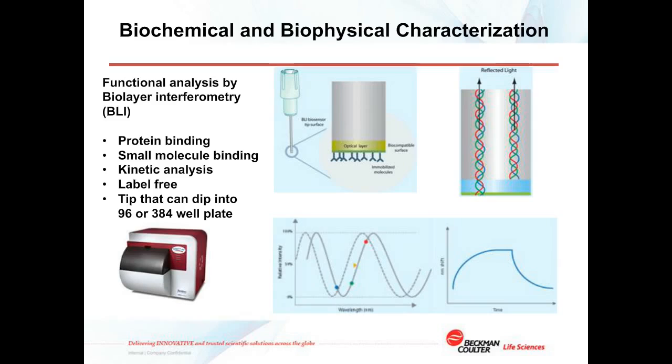And if you look at the sensorgram at the bottom right, you'll see a graph that looks very similar to SPR and the other methods that I've shown. You'll go from a base state where nothing is bound to the tip.